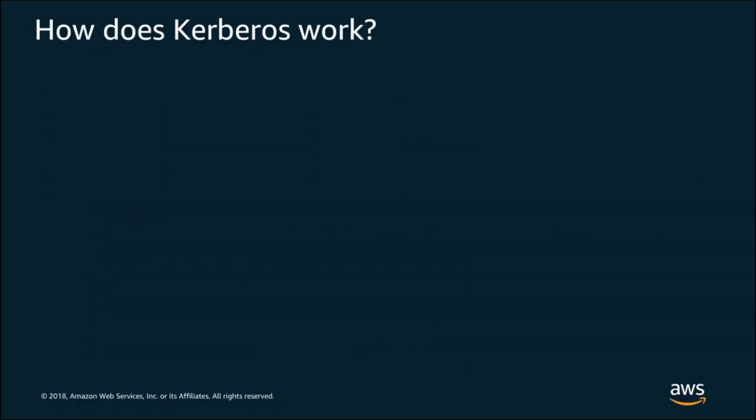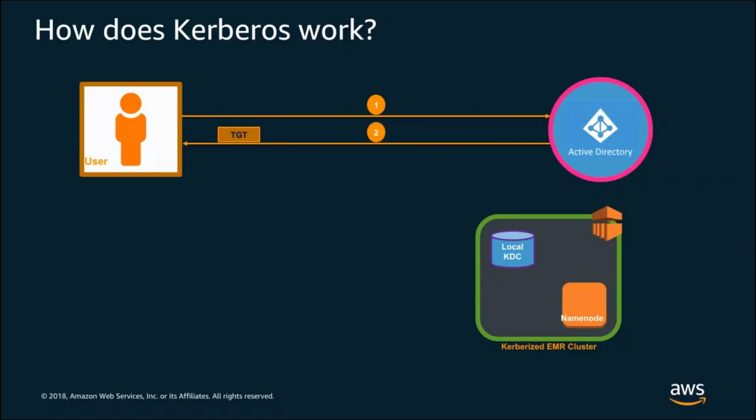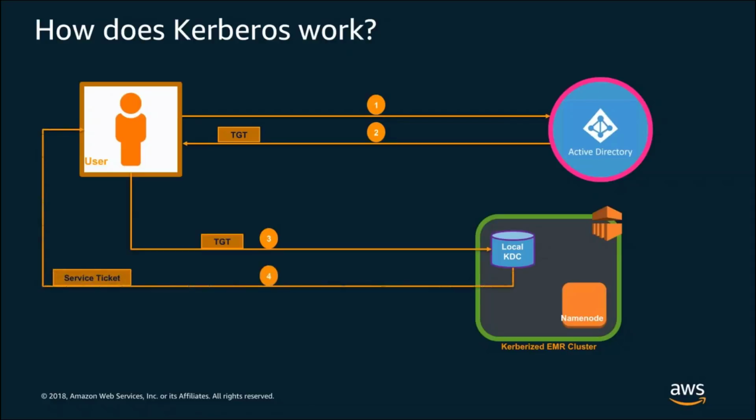So how does it actually work? When a user on a Kerberos network logs into a system, their principal is sent to the KDC to request what is called a ticket granting ticket, or TGT. The KDC then checks for the principal in its database.